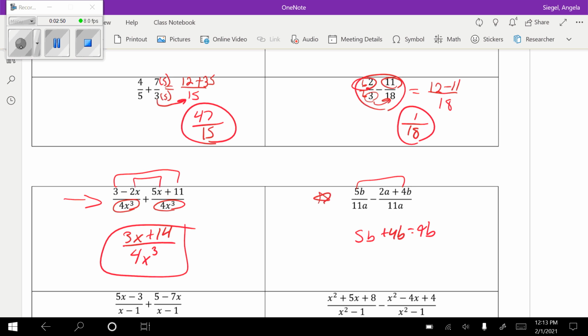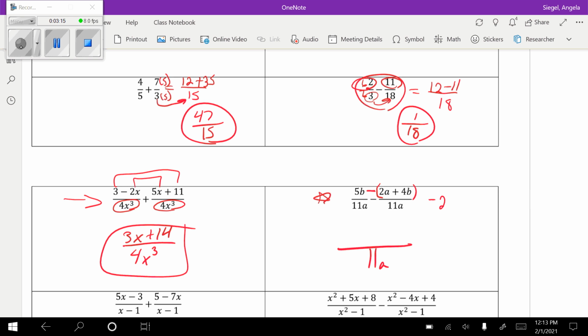Okay, so again, these have the same denominator, so I'm just looking for combining like terms. So I have 4b plus 5b, that's 9b minus, sorry, this is a minus, isn't it? Please forgive me. Okay, so let's start this over. So I have everything over 11a, and make sure when you're subtracting that you are subtracting this whole thing.